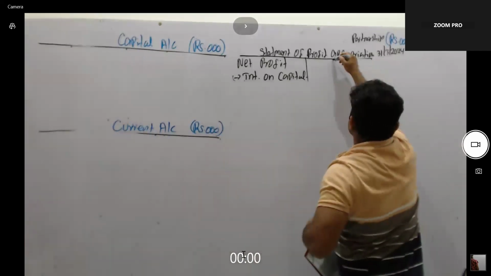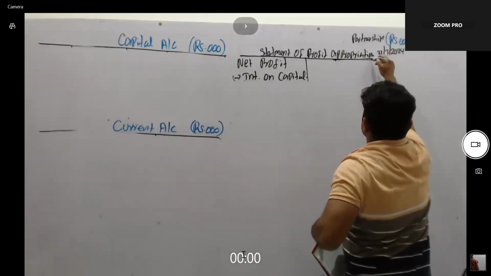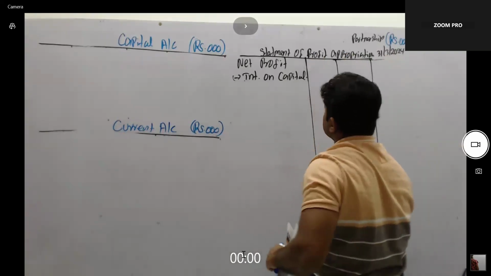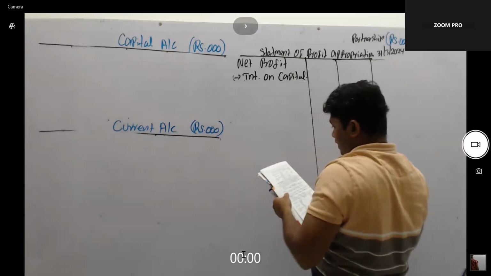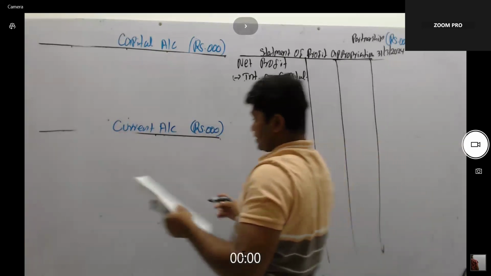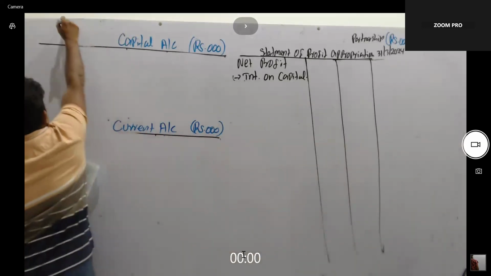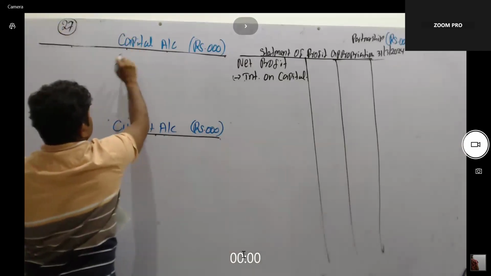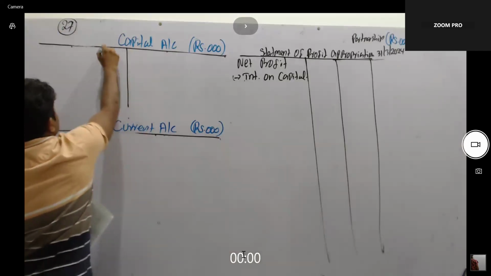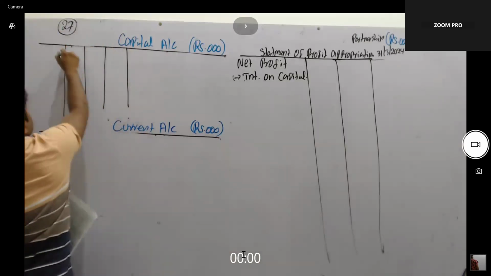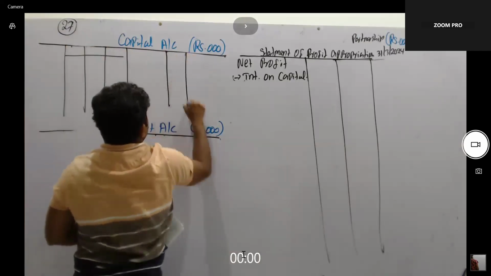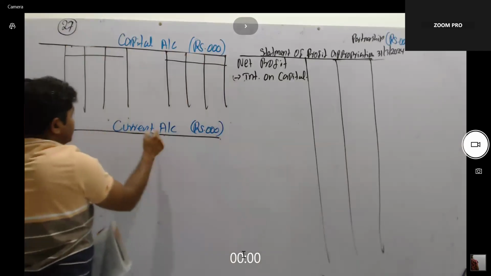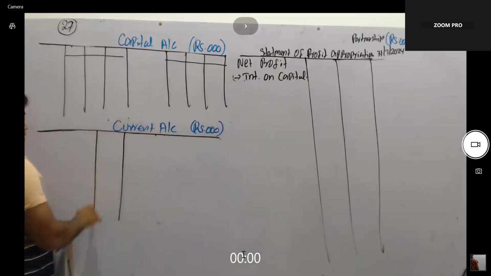Profit appropriation account. Two columns are enough. Think all 3 partners. Question number 27. Capital accounts, 3 columns. Capital account, 3 columns, as well as current account, also 3 columns, for 3 partners.